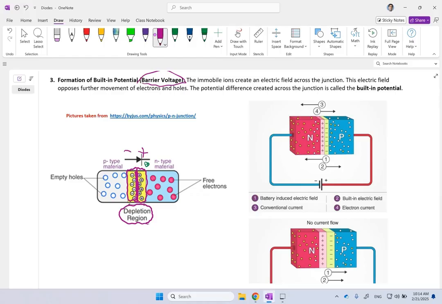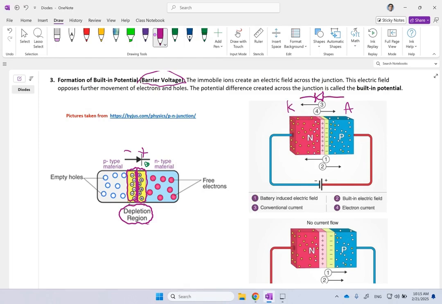Now, when you forward or reverse bias a PN diode, what's going to happen? The top picture here is the forward bias. This is the P side, this is the N side. So that's your anode, this is your cathode, and your diode is like this, correct?